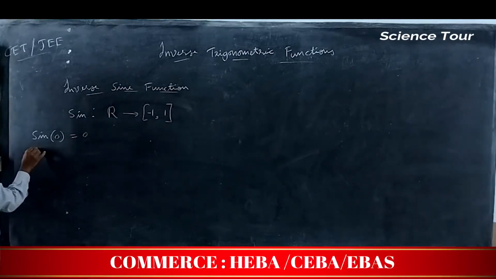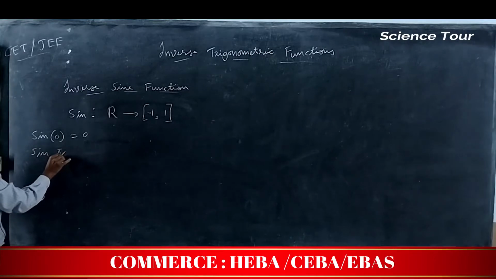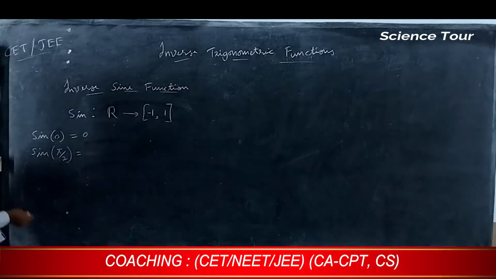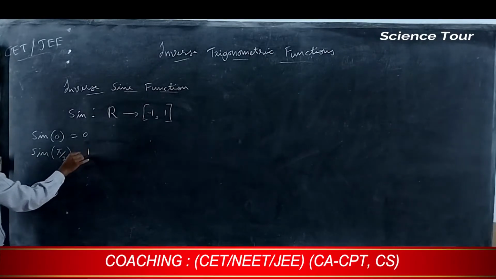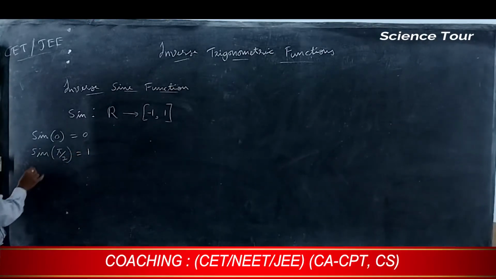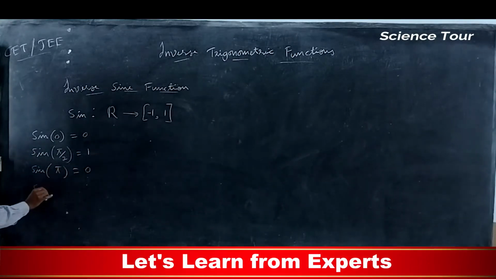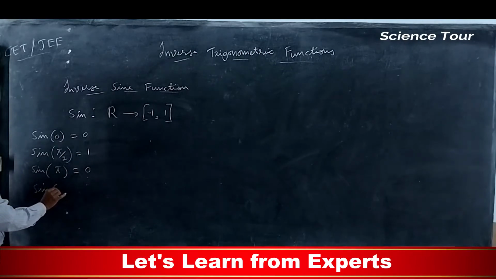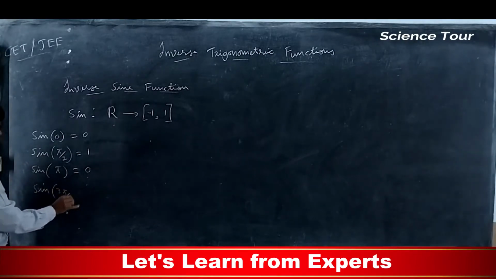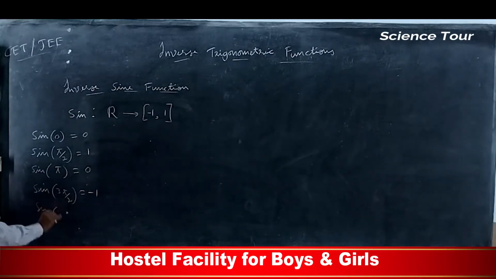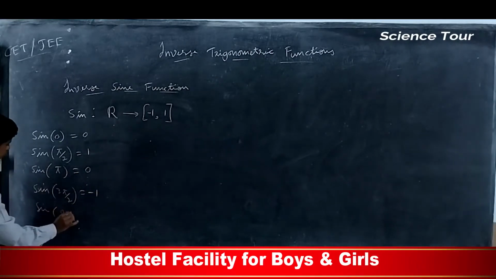What about sine 90? It is 1. Correct? And what about sine 180? It is 0 again. What about sine 3 pi by 2? It is -1. And what about sine 2 pi, 360? It is 0.